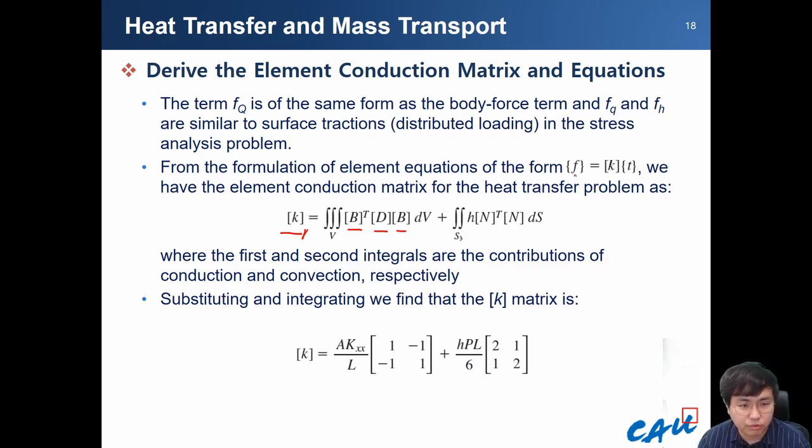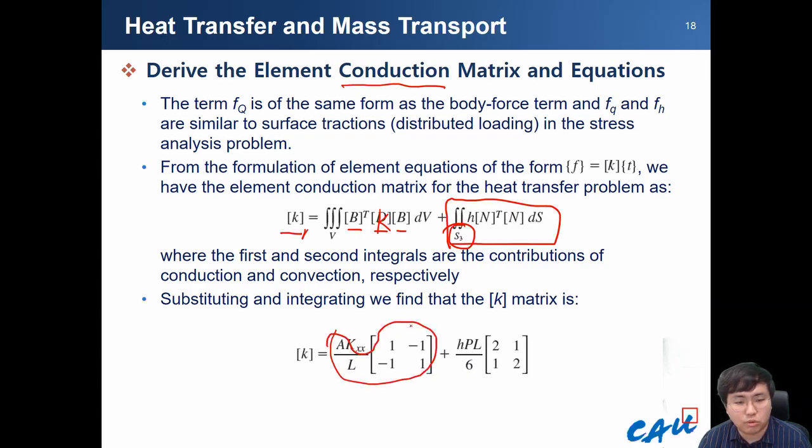However, if you want to consider a convection problem, we should add this term at only specific surfaces, not the whole volume. You can easily obtain that this is K, and the B transpose B matrices return the 1, -1, -1, 1 matrix, A over L squared. The A is the cross-section area, and after integrating over the length L, the L squared becomes L, so this is the local stiffness matrix without the convection.